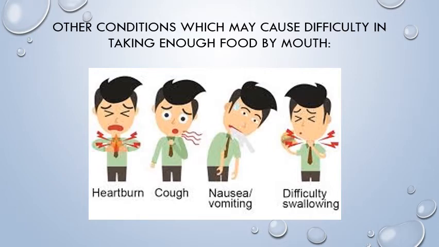Other conditions which may cause difficulty taking in enough food by mouth: pain, lack of sense of hunger or repeated refusals to eat, gastrointestinal problems, impaired absorption of nutrients from the small bowel, difficulty chewing or swallowing, decreased taste or change in the sense of taste, increased metabolic needs.